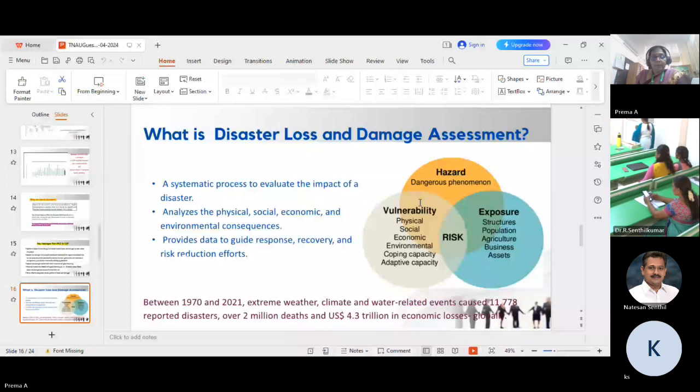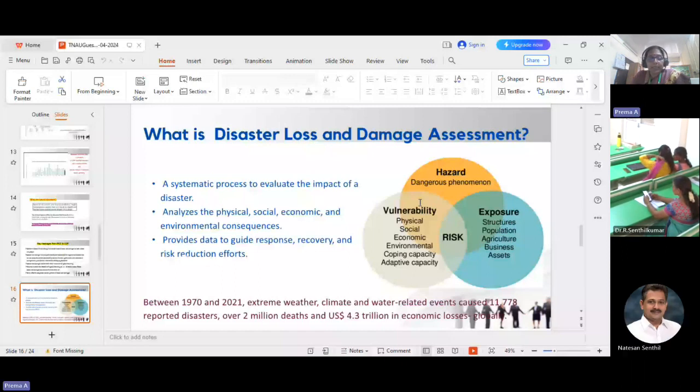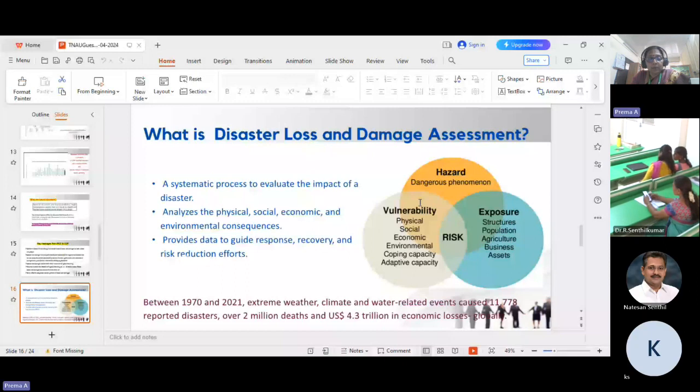Now we are going to see what disaster loss and damage assessment is. It is a systematic process to evaluate the impact of a disaster. It analyzes the physical, social, economic, and environmental consequences, and it also provides data to guide response, recovery, and risk reduction efforts.